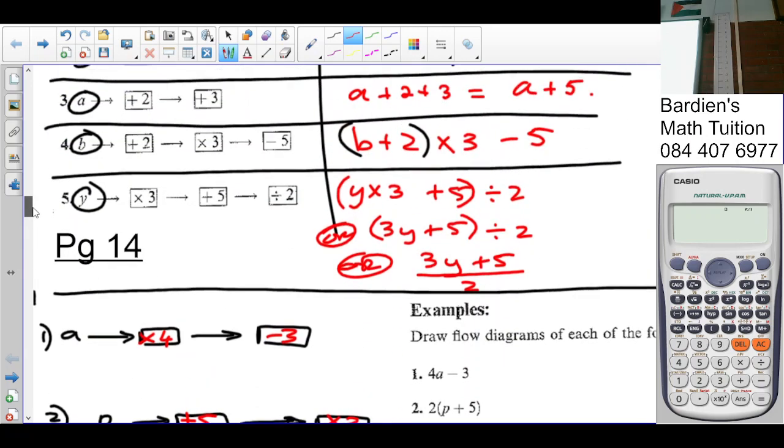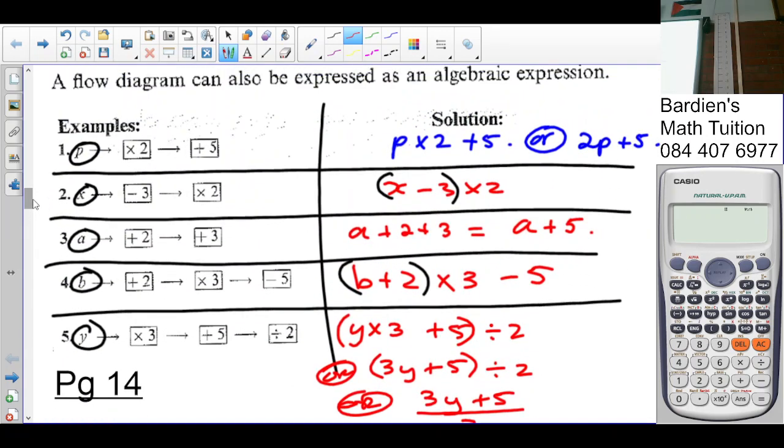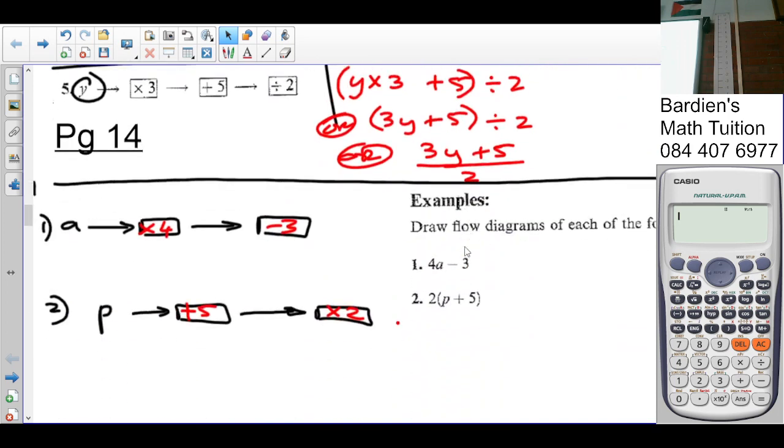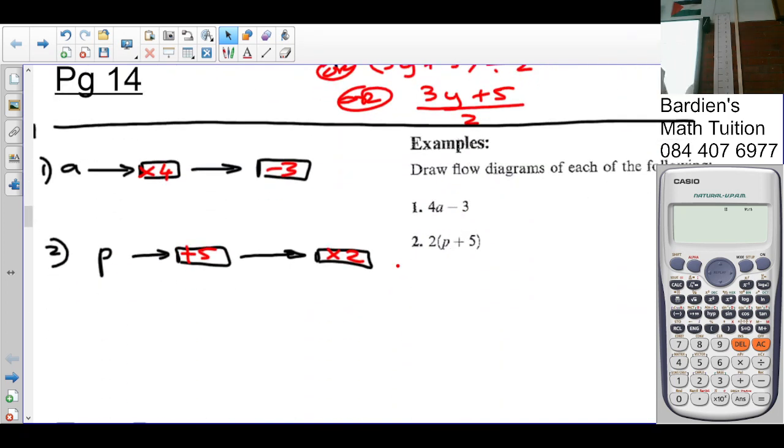If you look at the sum here, the sum could also have been written as 2 into x minus 3. That also means x minus 3 first, which then must be multiplied by 2. You guys understand? So that's your flow diagrams, okay.